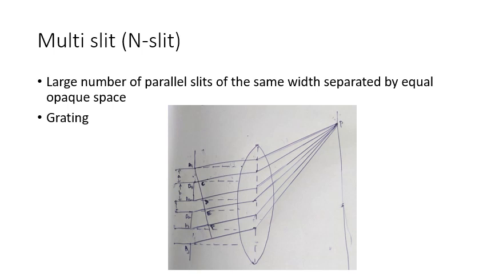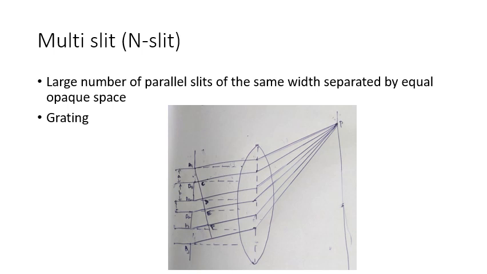In between the two openings we have the opaque region which won't allow the light, whereas the two openings allow the light. In the multislit we have n number of openings. In between the n number of openings we have n minus 1 number of opaque regions.